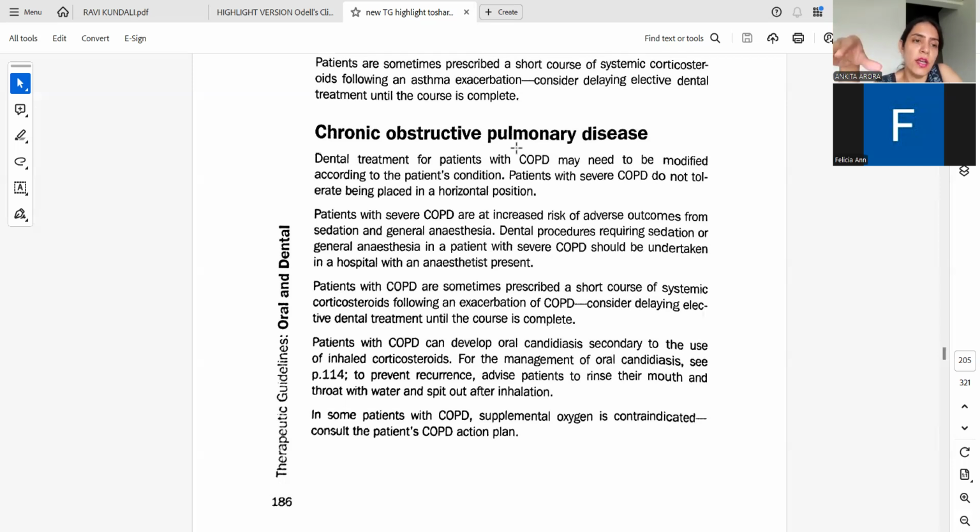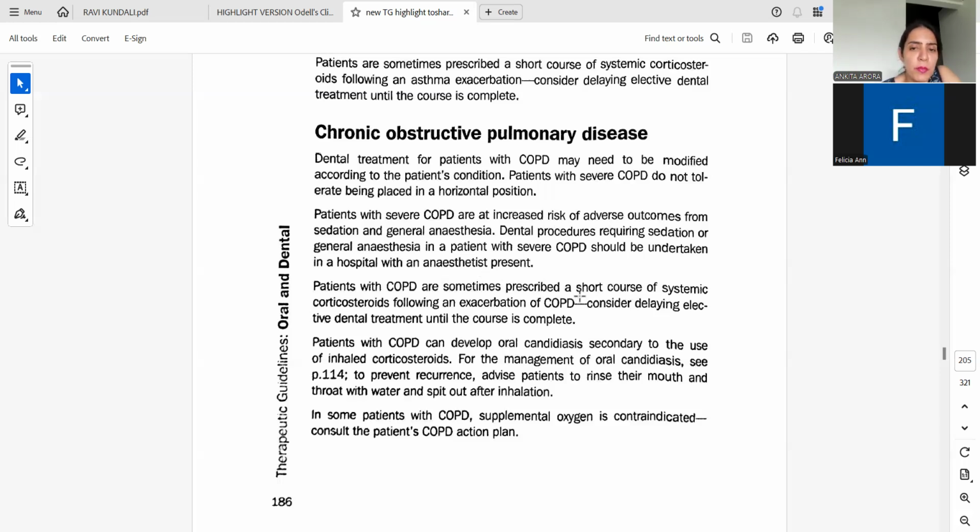So in asthma, it was more or less gasping for air. In this also gasping for air happens, but it is more that the lumens are continuously getting constricted. Dental procedures requiring sedation or GA should be undertaken in hospital settings.